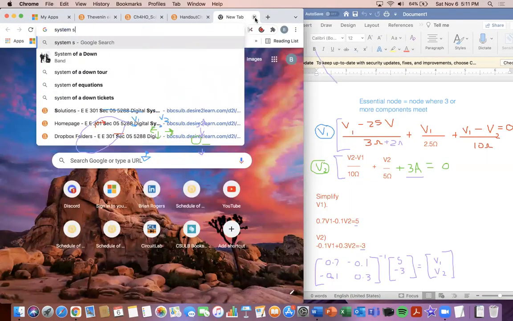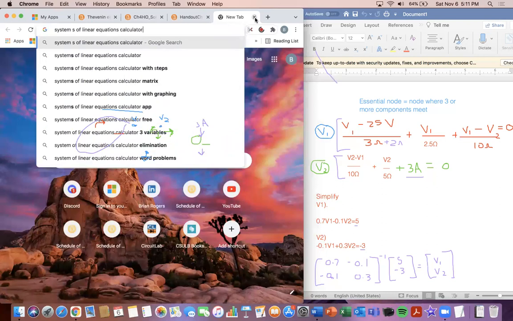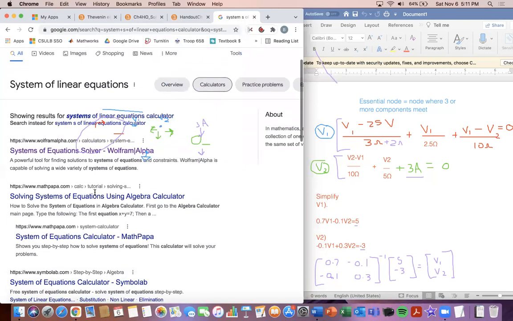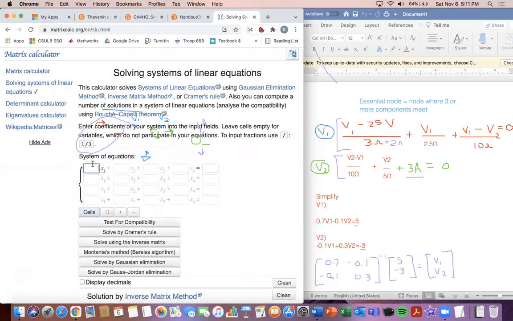So, a systems of linear equations calculator. When you plug this in, what you do is you just plug in the coefficients here. So my equation I had 0.7, negative 0.1, and then for my constant I had 5. And then here I got negative 0.1, 0.3, and then negative 3.